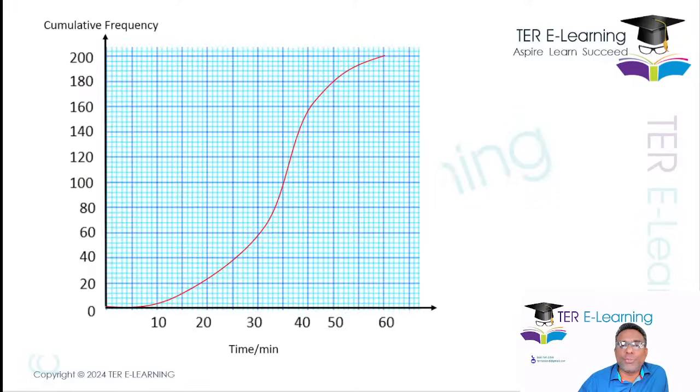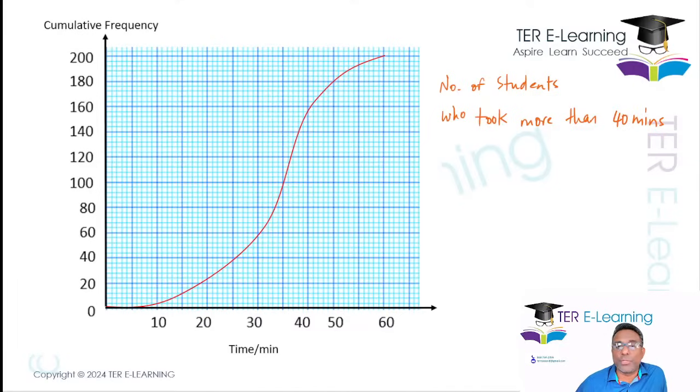I want you all to use my graph to figure out the number of students who took more than 40 minutes. I want you all to look at the graph and let me see if you can come up with an answer here.